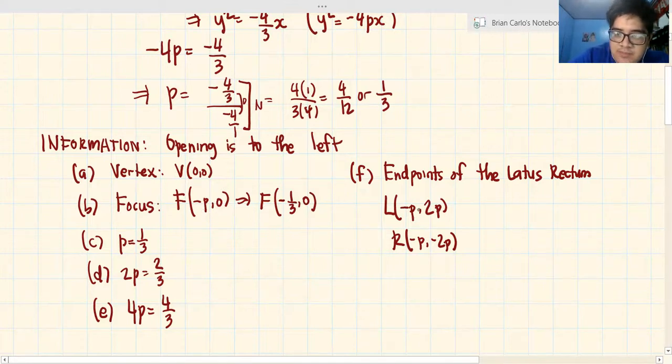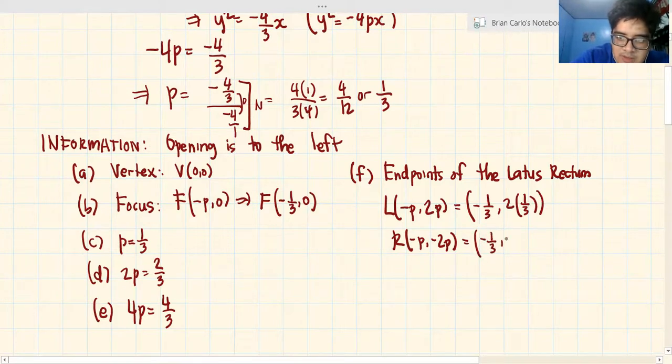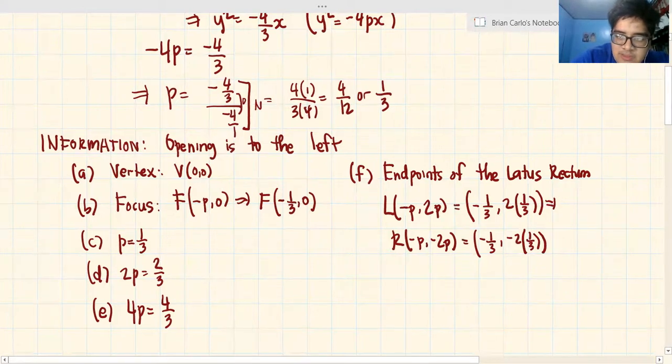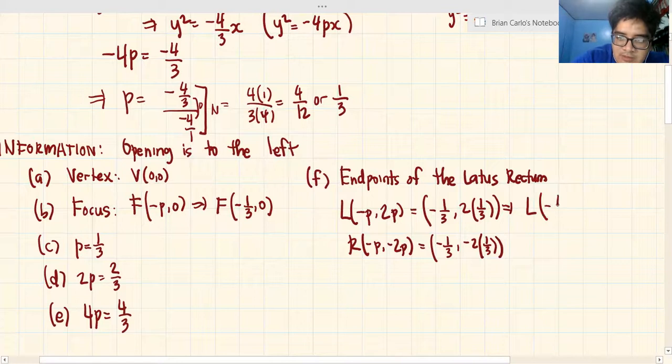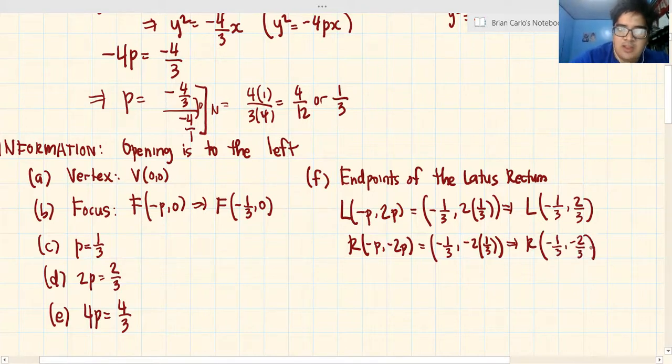Sino ba si p? This is negative 1/3, 2 multiplied by 1/3, and negative 1/3, negative 2 multiplied by 1/3. Kaya this implies that the endpoints of the latus rectum are L(negative 1/3, 2/3) and R(negative 1/3, negative 2/3). Alam na natin lahat ng necessary components para makapag-graph.